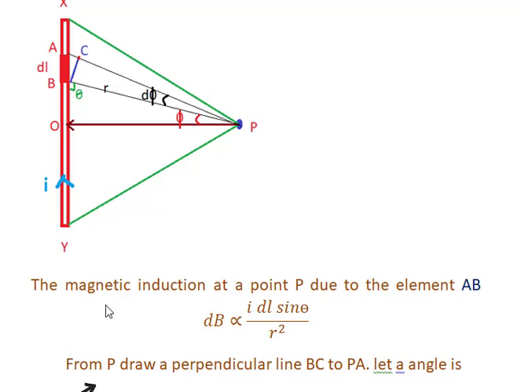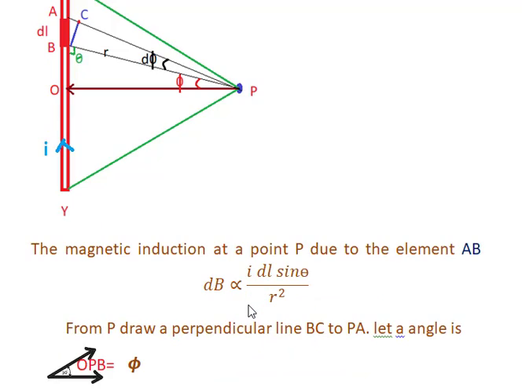We know that the magnetic induction at the point P due to this element dl is given by the change in magnetic induction dB, which is directly proportional to the current I, the length of the element dl, sin theta, and inversely proportional to the square of the distance r squared. We already derived this formula in the last class.